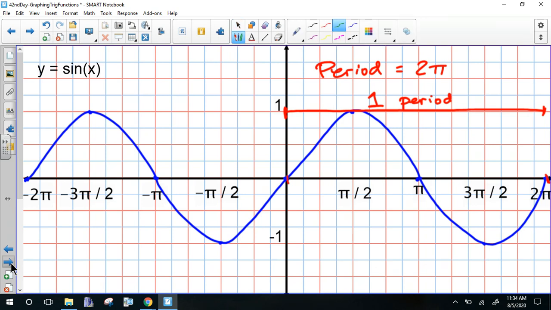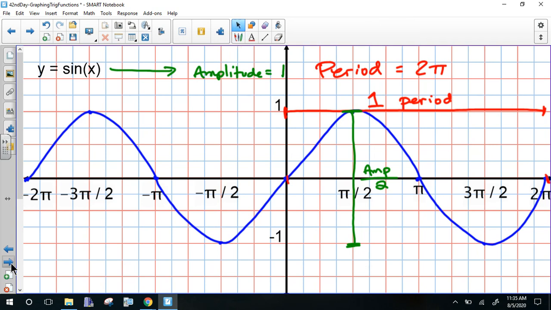Also, we need to discuss the amplitude. Amplitude is a height. Here's the amplitude, and if you divide that distance by 2, the amplitude for the sine function is 1.